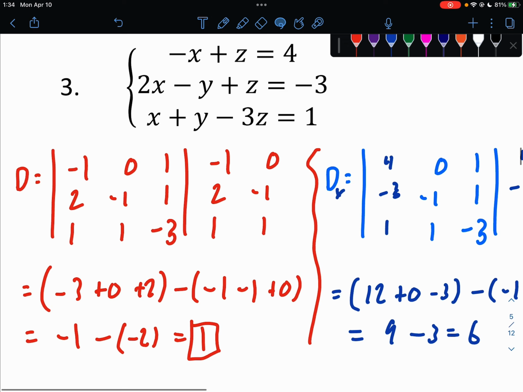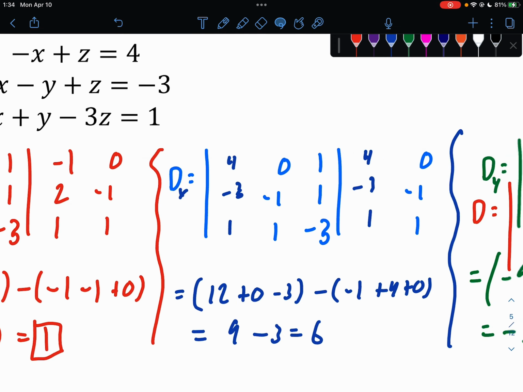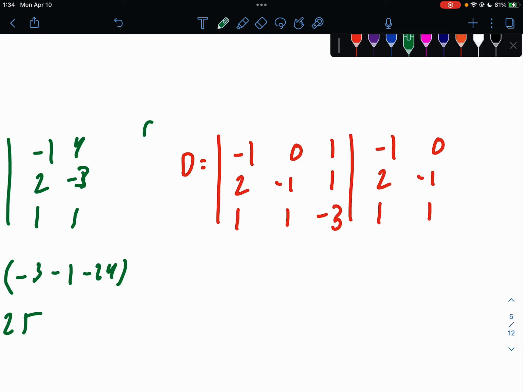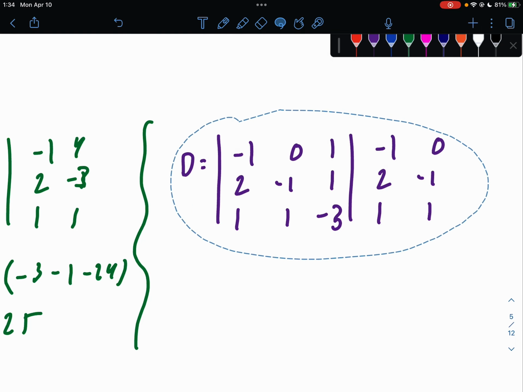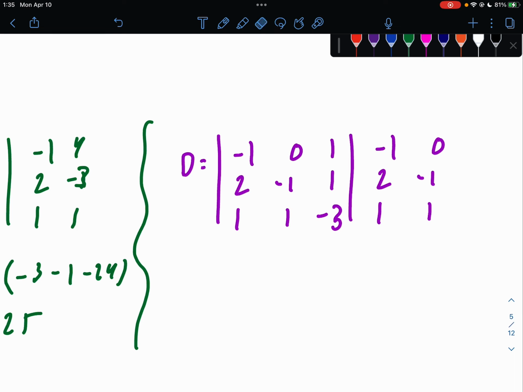Okay, and we got one more to do here. All right, so we'll do this last one in purple. Now we're going to replace the third column, the z column, with 4, -3, and 1.